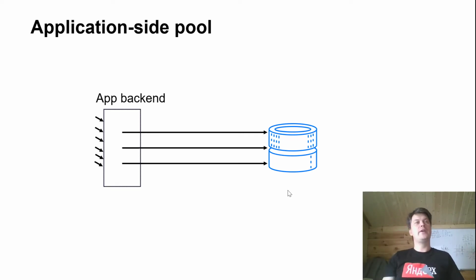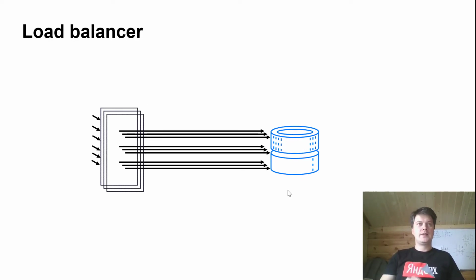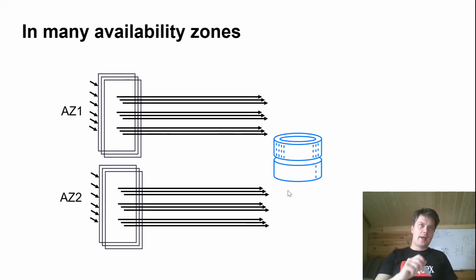At the beginning, you have an application-side connection pooler, which pools a big number of clients into a small number of server connections. And then you must have different backends for different microservices. Some services are load balanced between some instances, and each instance of a backend has its own pool. Then you need to deploy your application into many availability zones, into many data centers, and you have a multiplication of the previous connection pool by the number of data centers.